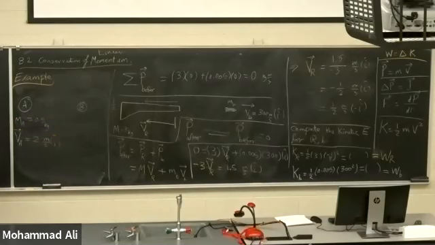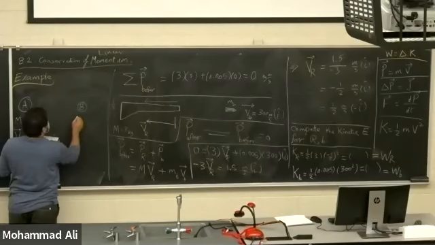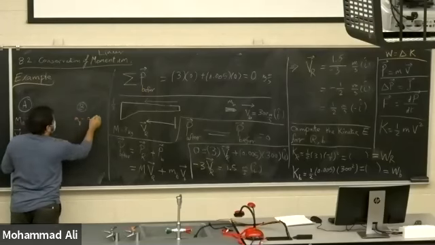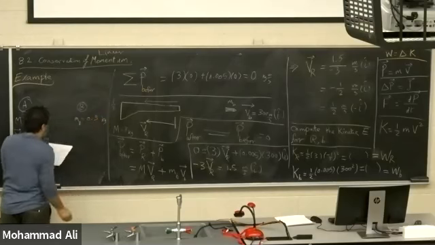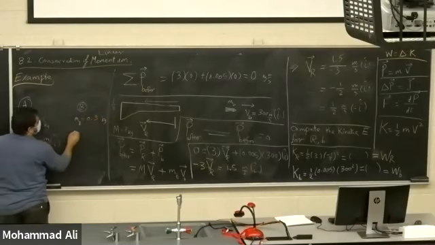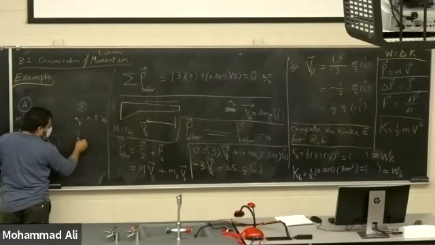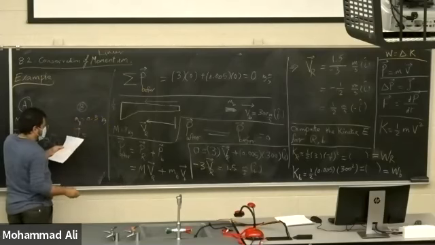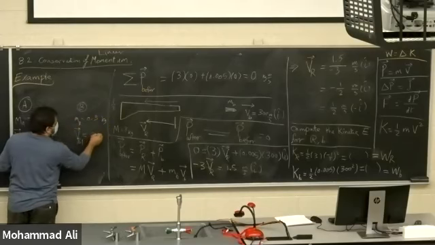This is before the collision, so I will put 1, which means before. The mass of ball B is equal to 0.3 kilograms, and its velocity initially, before the collision, is equal to 2 meters per second in the negative I direction.